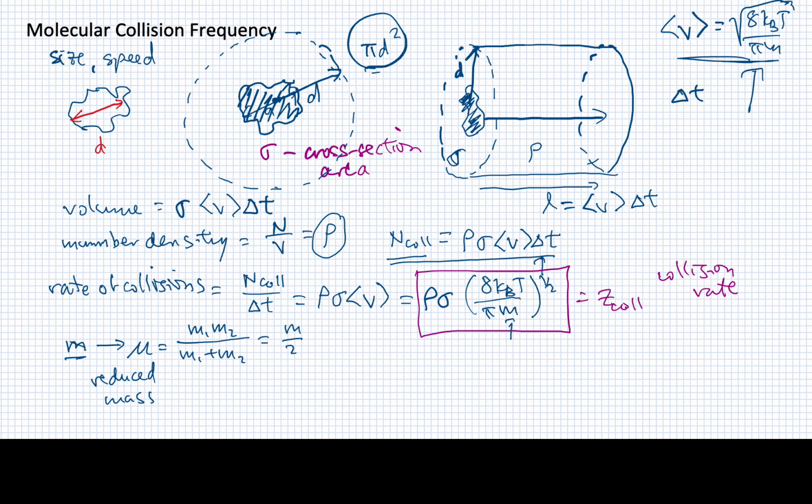Since that's under the square root sign for this particular expression, that means we can write a final expression for our collision rate that now takes into account the fact that we have molecules that are moving relative to one another, so that would be a relative velocity, and now it has square root of 2 in front of the rho times sigma times the average velocity of these molecules.